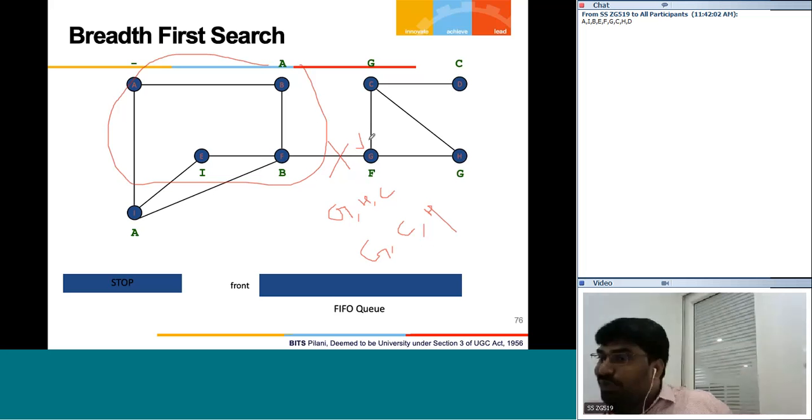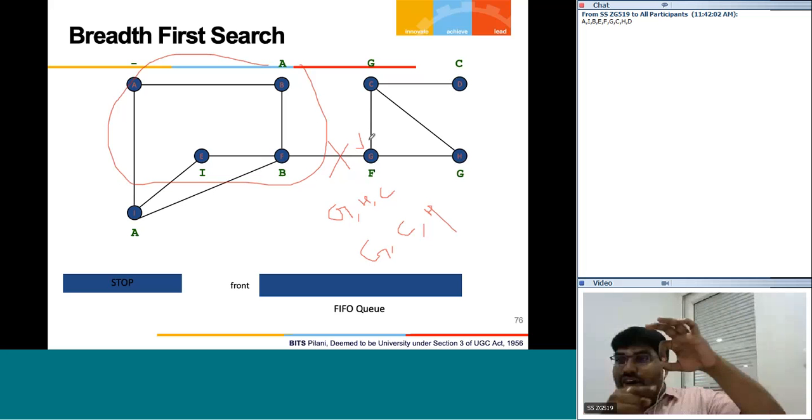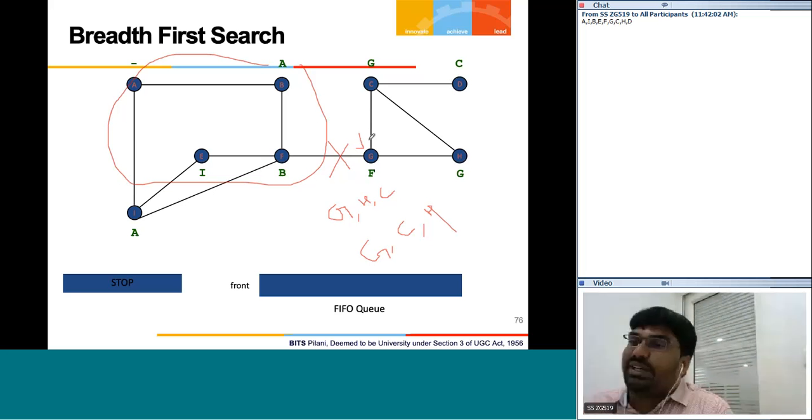To travel to D, I have to travel to C and then D, right? So after G, I am finishing all the nodes that are connected and then I am going to the next. That's why it is called breadth first.